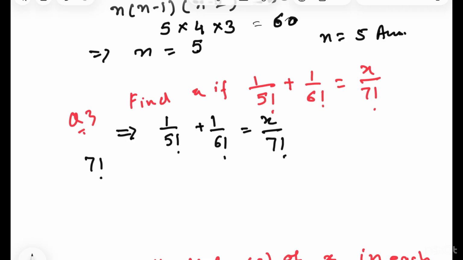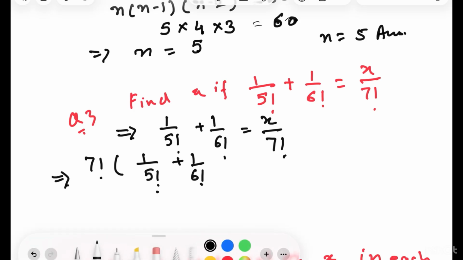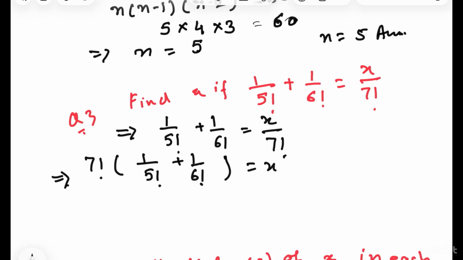So this implies 7 factorial into 1 upon 5 factorial plus 1 upon 6 factorial is equal to x. So 7 factorial upon 5 factorial plus 7 factorial upon 6 factorial is equal to x.